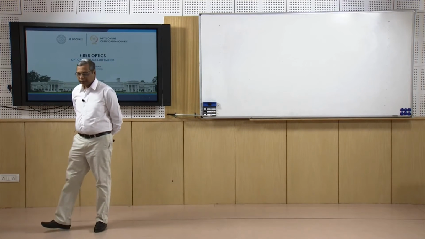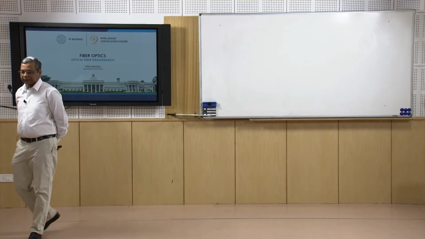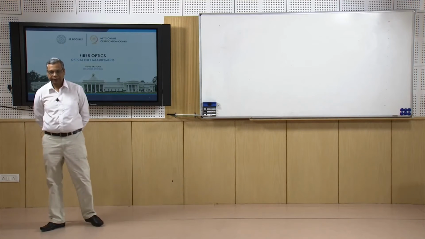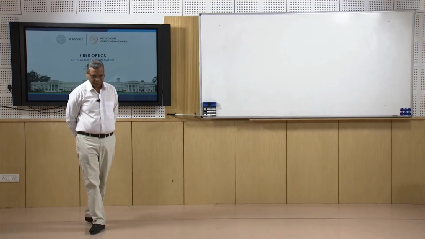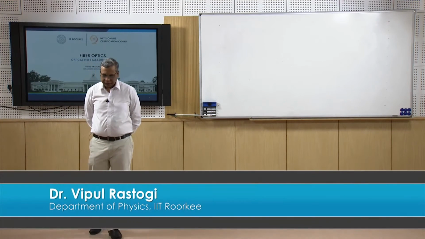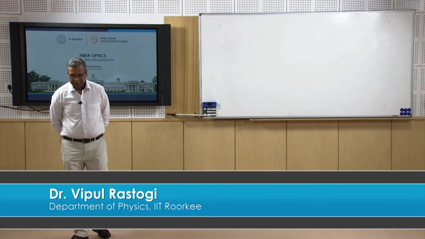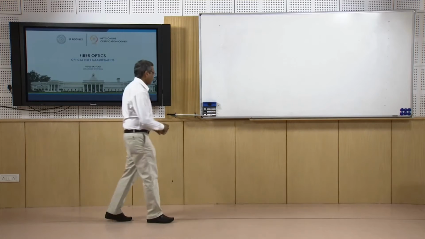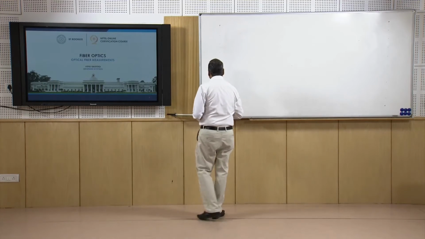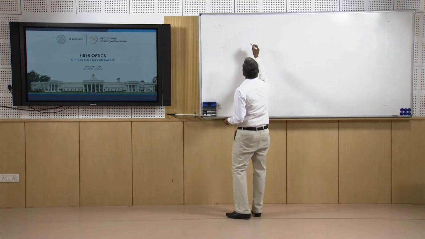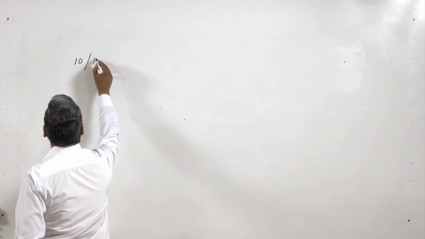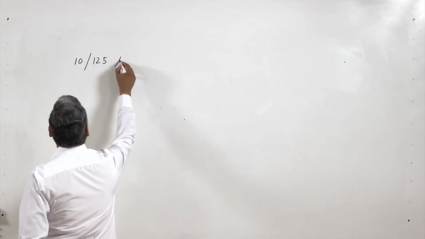Well, now it's time to carry out some measurements to understand the measurement techniques in optical fiber. When we have an optical fiber, usually the optical fiber has a core diameter of 10 micron and cladding diameter of 125 micron.